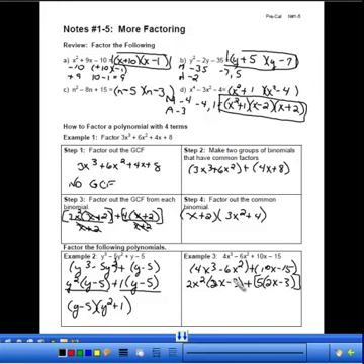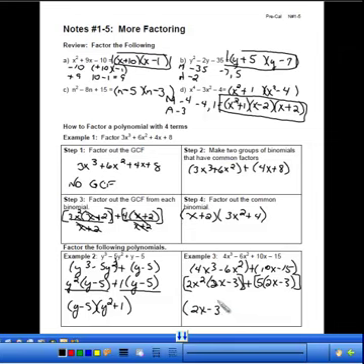Now, this is a binomial expression now. We factor out the 2x minus 3. Now, you don't have to put those brackets around there. The only reason I'm putting them there is so that you can see that it is a binomial, because sometimes this last little step confuses some people.